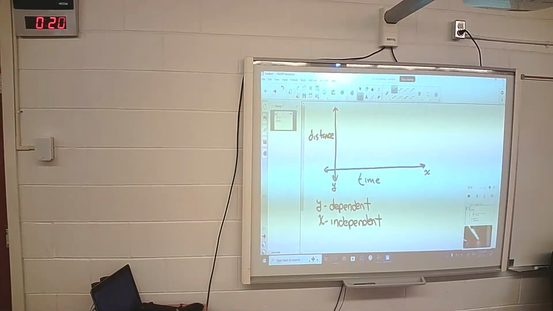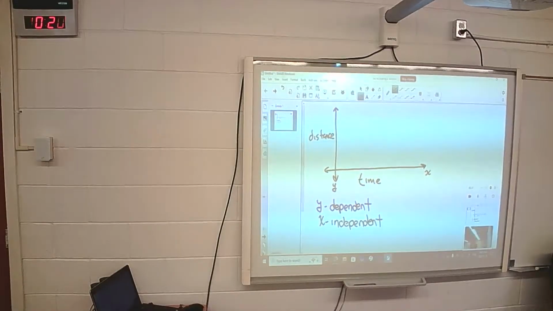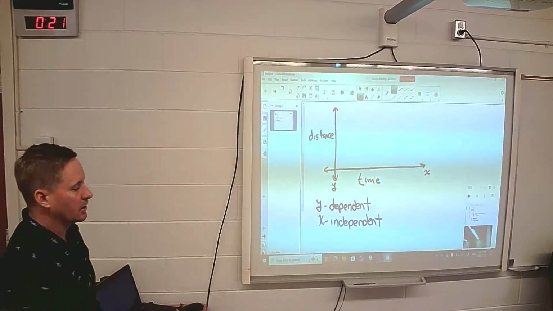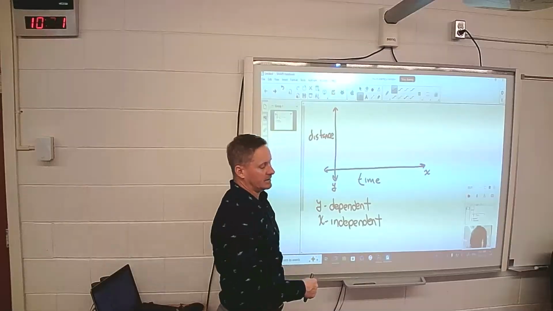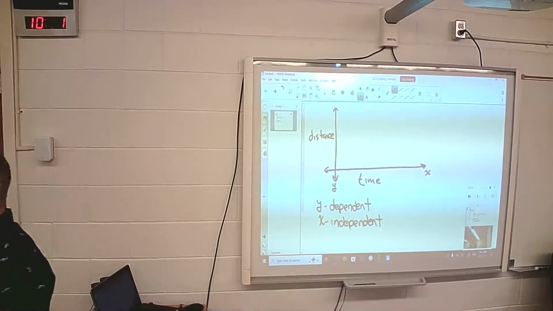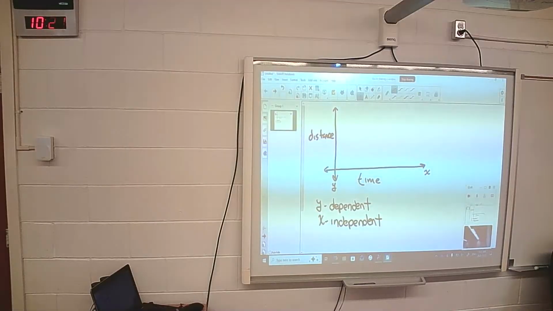And how it changes changes what the y does, because the y is dependent on what the x is. So when we talk about an independent and dependent axis, the y-axis will be your dependent axis. When you write out the equations, which we're going to get into over the next 2 units, the y will always be equal to something that happens to the x.